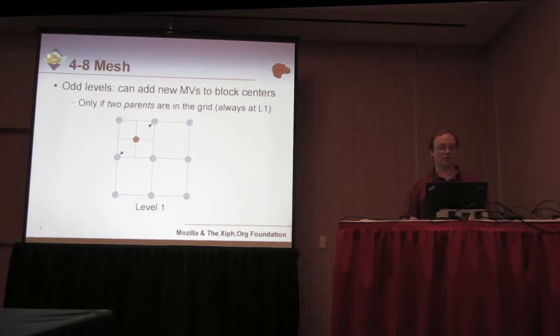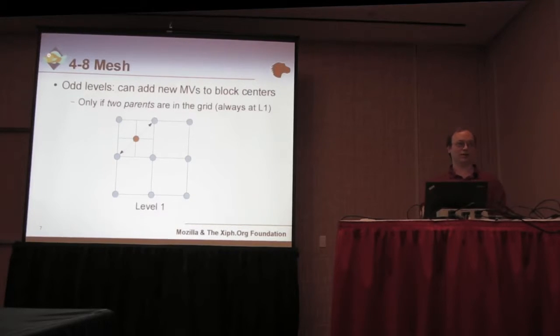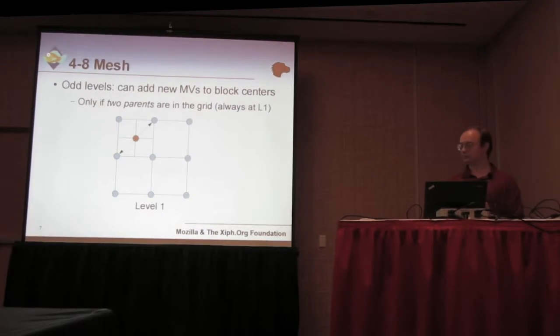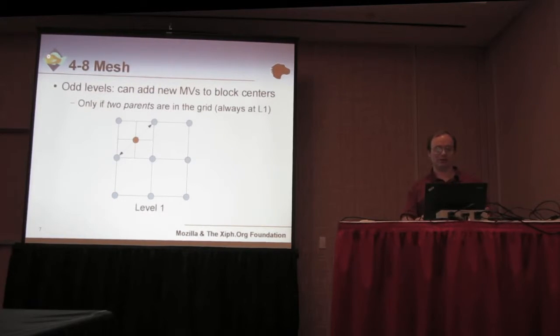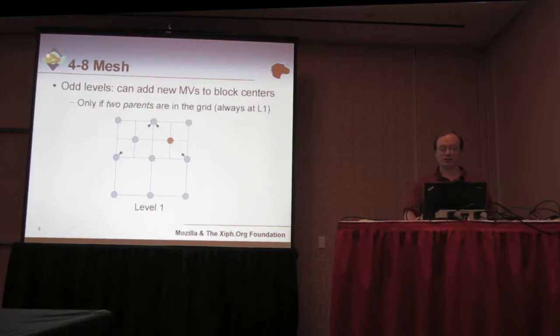I'm only adding one motion vector, but now I have 4 new blocks at a smaller block size. We can only add that motion vector if we have 2 parents that exist in the mesh already. In level 1, we always have all the level 0 motion vectors, so we'll always have those 2 parents. So I can add several level 1 vertices.